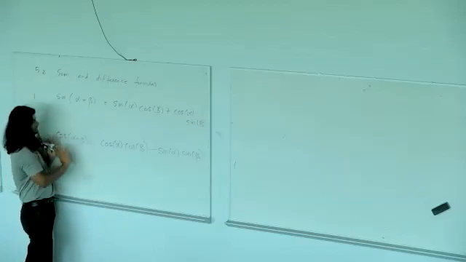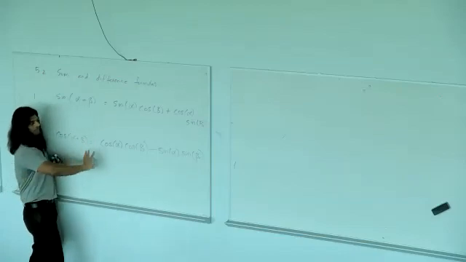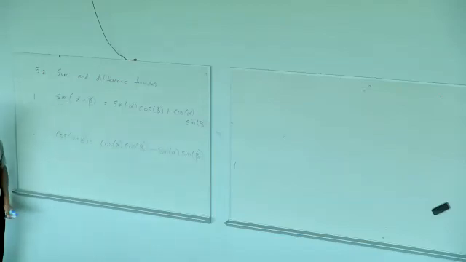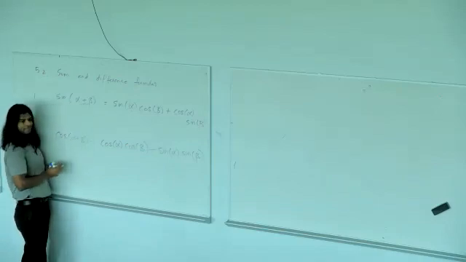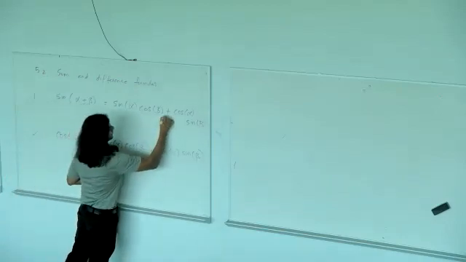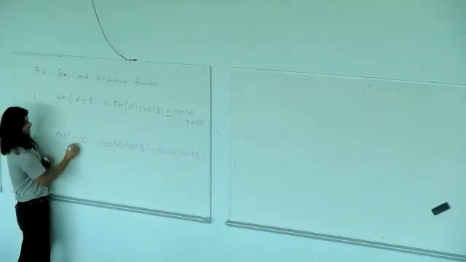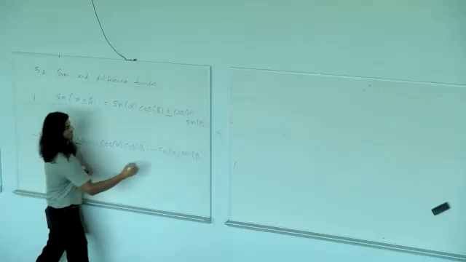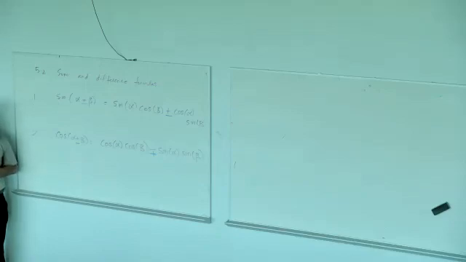Here, imagine distributing: you have cosine alpha, cosine beta, minus, and you flip. That's it. Now, how do I go from here to the difference? If it is minus, it becomes plus, and if it is plus, it becomes minus.